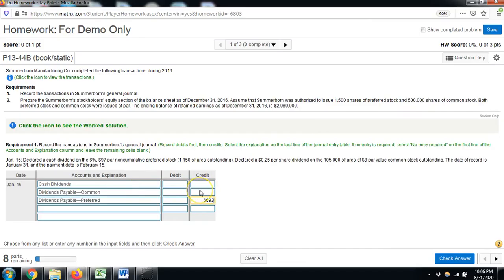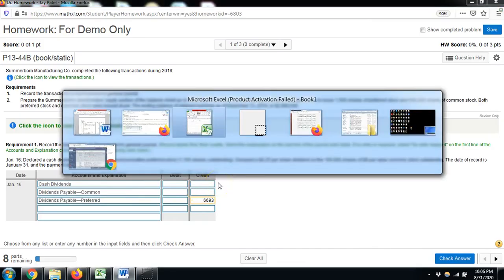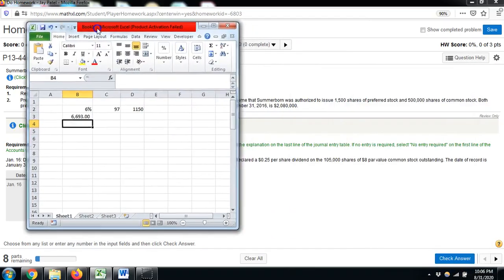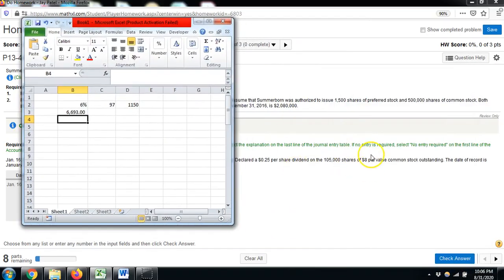And so now let's do the common stock. So it's 25 cents per share. And so for common stock, it's giving us the per share dividend. The par value for the common stock dividend is not relevant. We don't really care about that. So it's just the dividend per share multiplied by the number of shares.